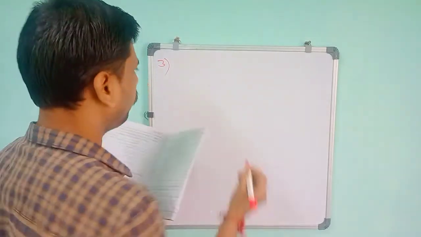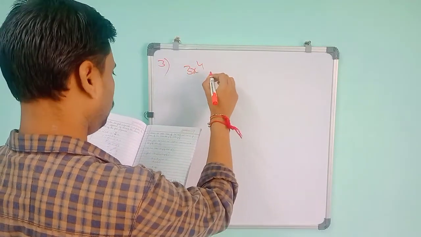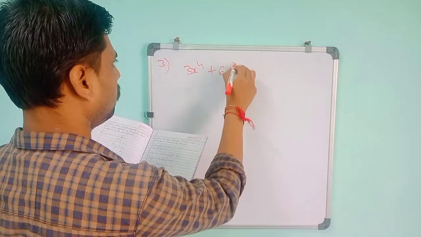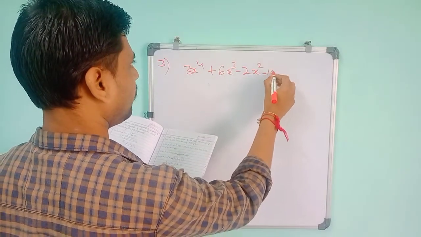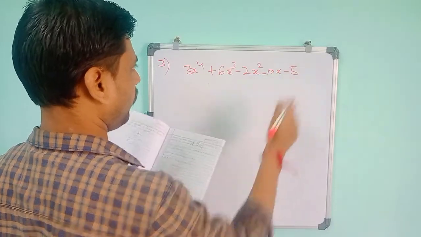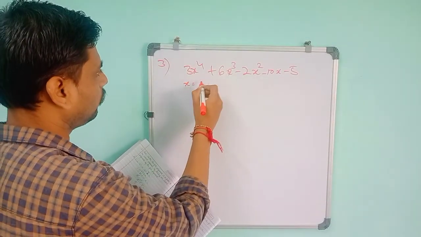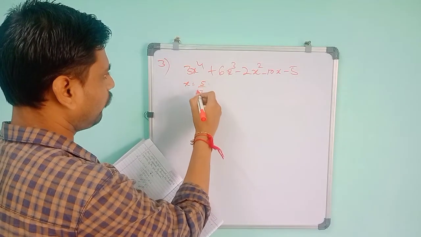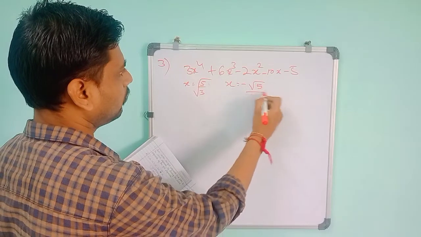So the question is 3x raised to 4 plus 6x cube minus 2x square minus 10x minus 5. Two of its zeros are x equal to root 5 by 3 and x equal to minus root 5 by 3.